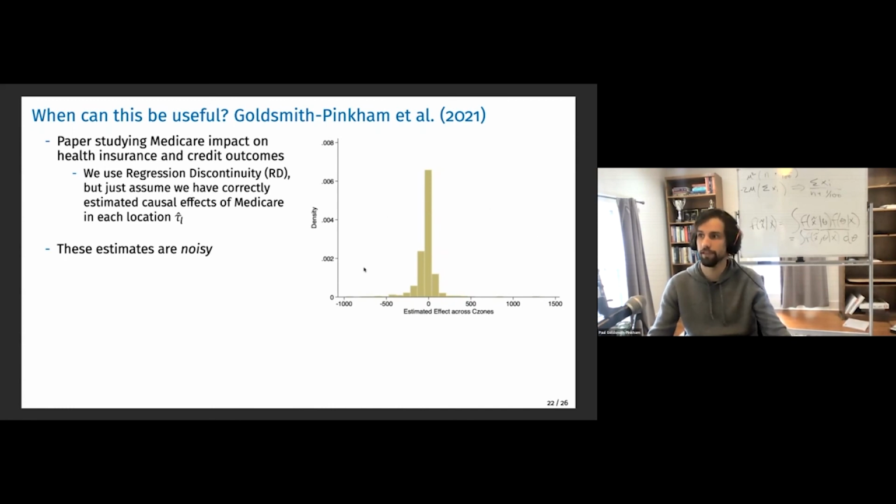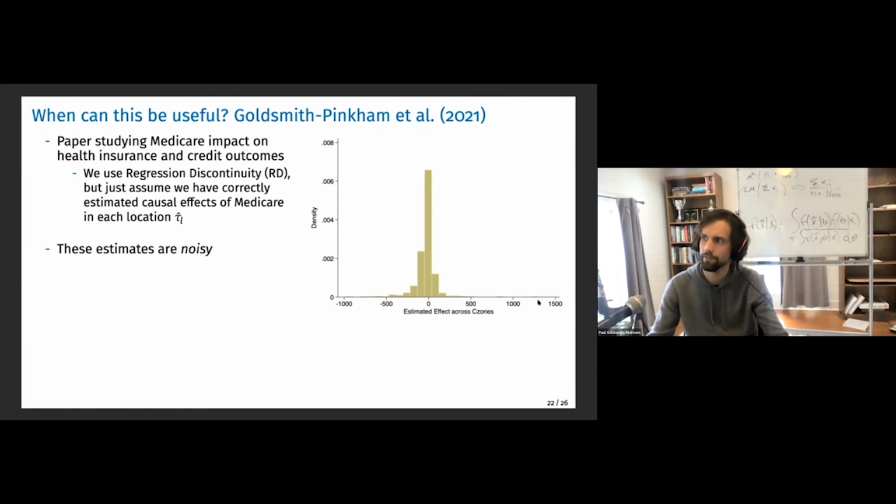So this is just the histogram of the estimates, just to give you a sense. The actual average effect, if we just took the national sample, is pretty well estimated, and it's something like minus $30. And so you can see this is really noisy. It's basically useless, to be totally honest. If we look at the underlying parameters, the standard errors on some of them are enormous, and for good reason.